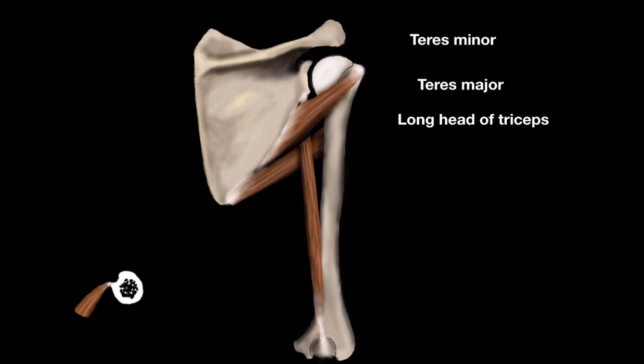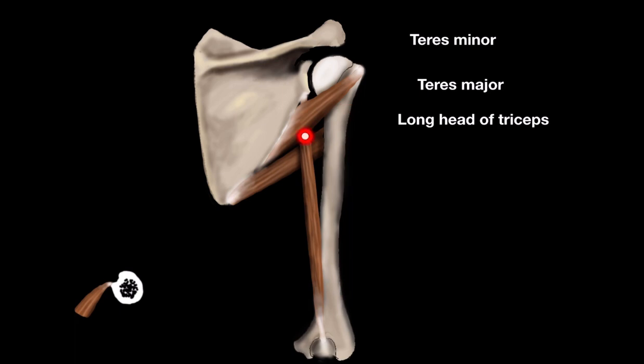We have seen its origin and insertion, actions, everything. So that will also form the upper boundary of quadrangular space. Now, the lower boundary is formed by the teres major muscle, the medial boundary by the long head of triceps and lateral boundary by the surgical neck of humerus.